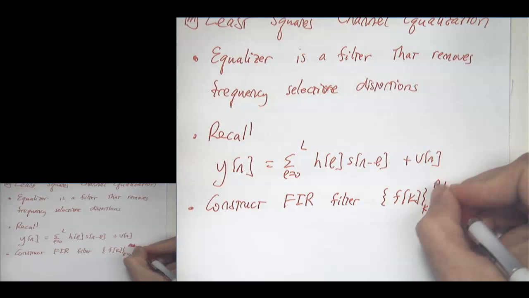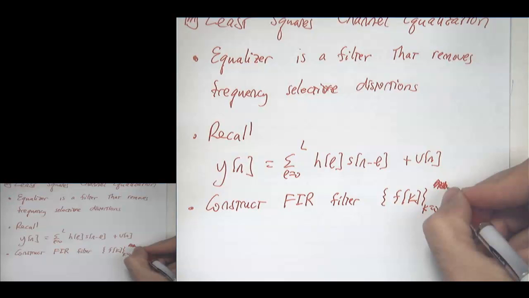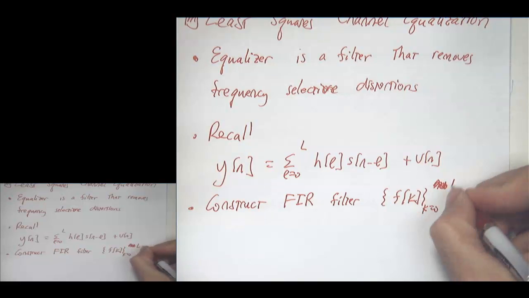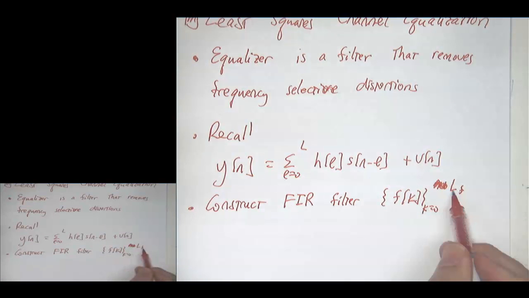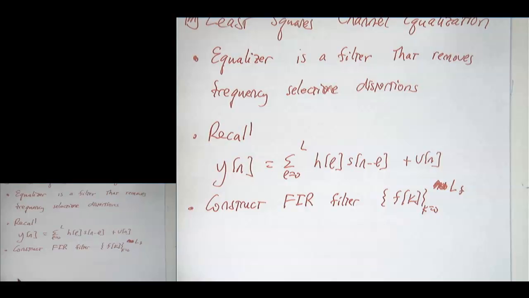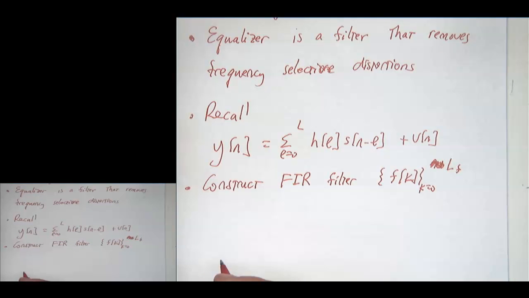This is going to be capital L. I've changed the notation around in different places, but I'm going to use L sub f here, L being the order of this filter, f being the fact that this is the filter, to distinguish this from the L over here.